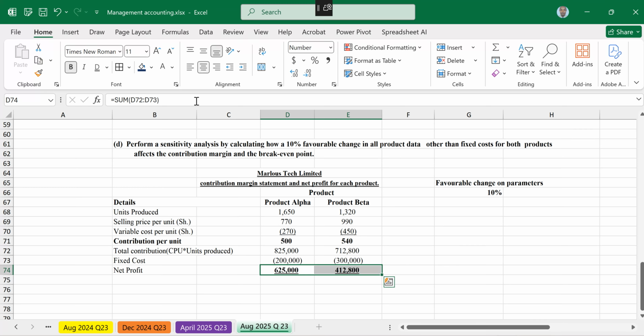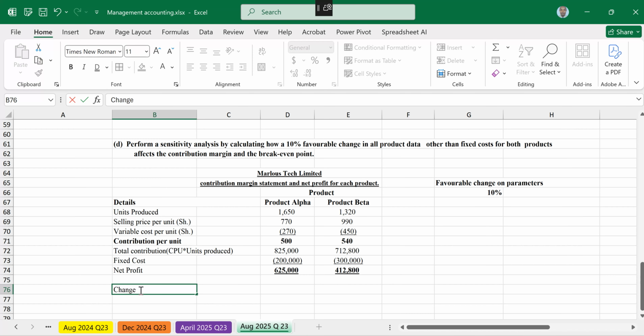And we want to see now how that change will impact the contribution margin and the break-even point. First, the change in contribution margin.